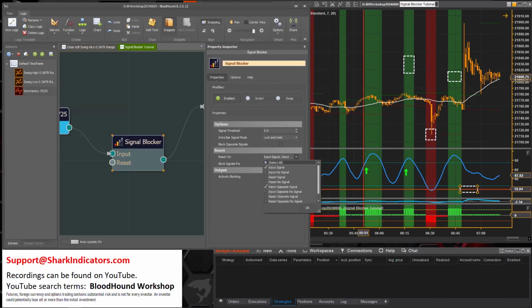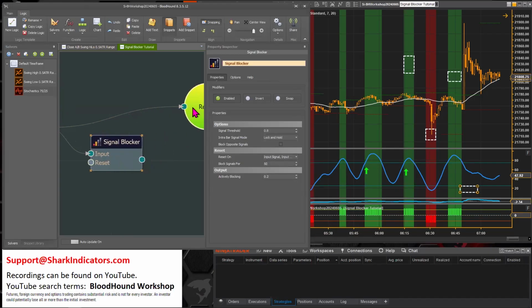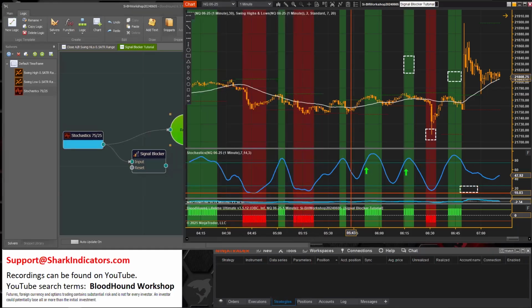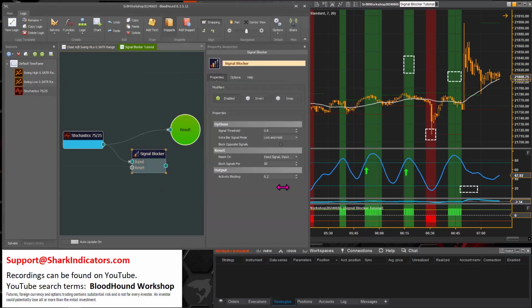But as we can see, whenever the stochastic is oversold, if we connect this up here, all of these signals coming in are constantly resetting the signal blocker. So just the word signal is referring to a signal in the same direction that's being blocked.